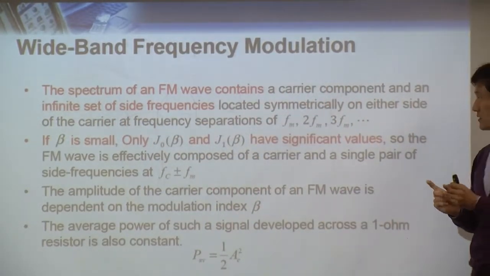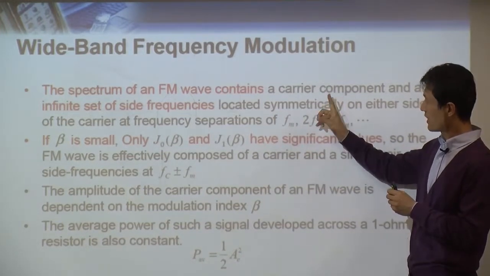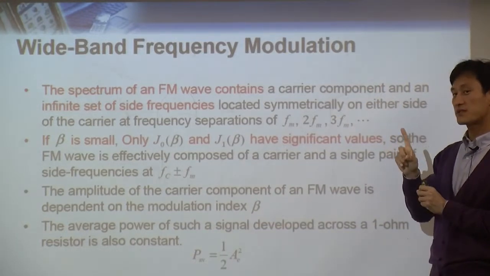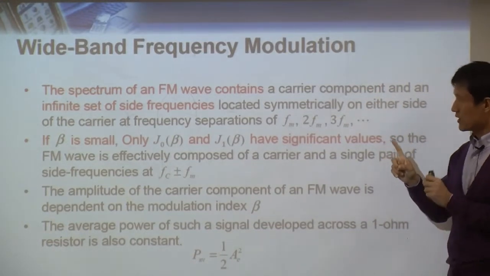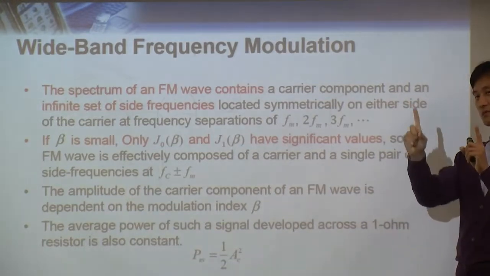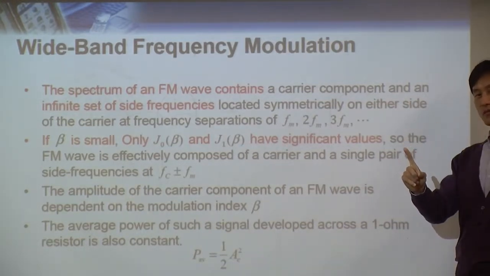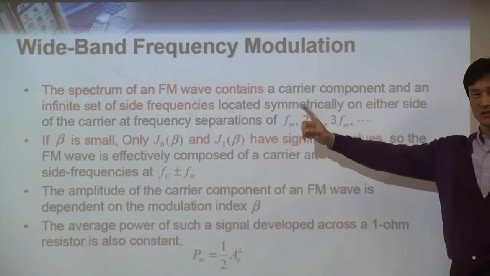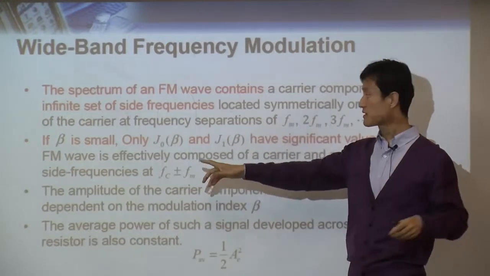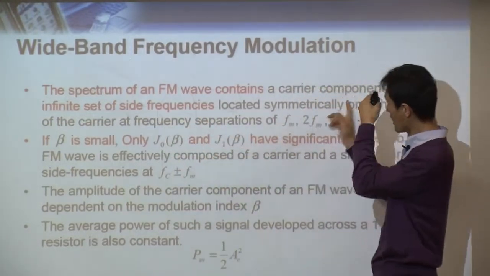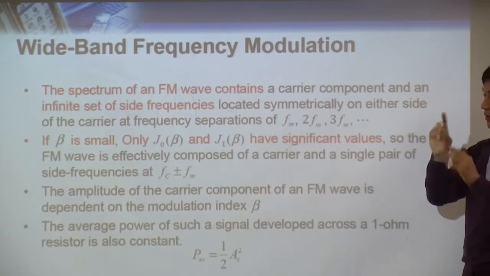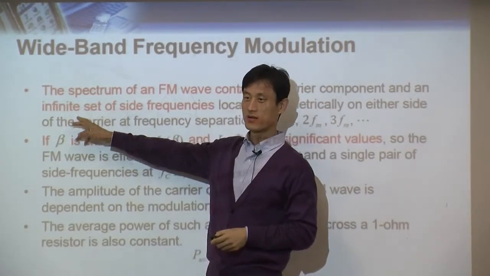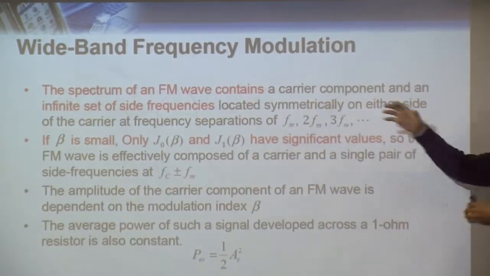What that means is you have a lot of frequency components, but the carrier component is the frequency component with the fc frequency. And you also have fc plus fm, fc minus fm, fc plus 2fm, minus 2fm, fc plus 3fm, minus 3fm, and infinite, right? So that's what they mean. All of that is a side frequency. So the carrier component is fc. All the other things are side frequencies. But you have an infinite number. That's what we can see from that equation.